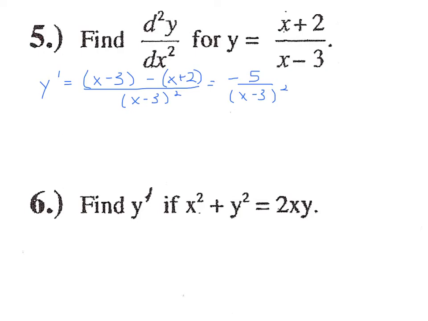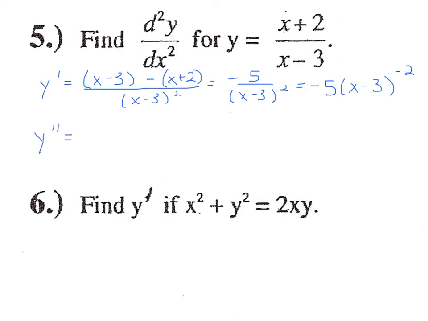Now we need to take the derivative again. However, I think to take the derivative again, instead of doing the quotient rule, it would be easier to rewrite it as negative 5 times (x minus 3) to the negative second and use the chain rule to take the derivative.